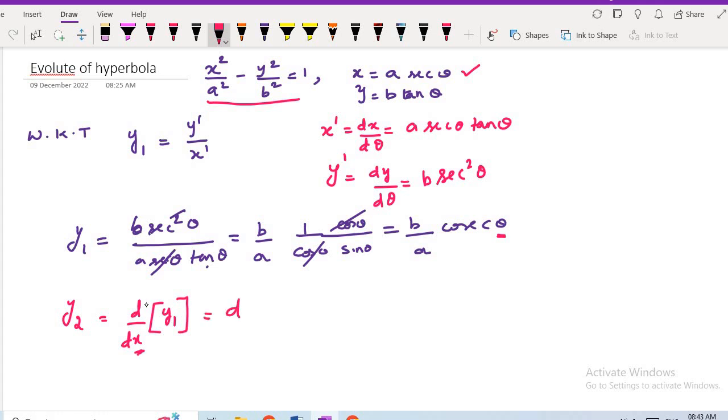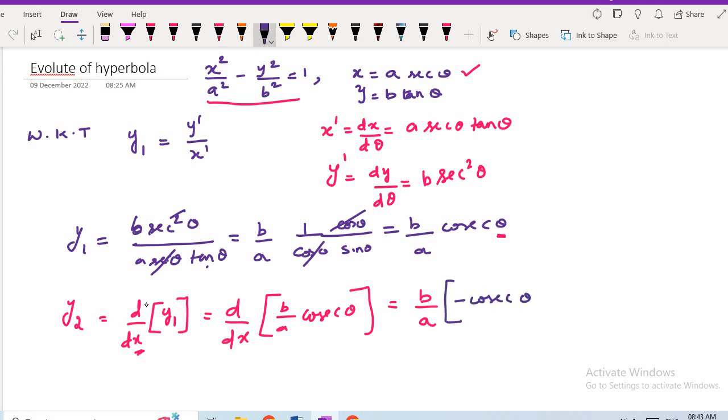So do the differentiation carefully. d by dx of b divided by a cosecant theta. b by a is a constant, and the differentiation of cosecant theta is minus cosecant theta into cot theta, but do not end here. We have to write d theta by dx, because here we are differentiating with respect to the x variable. Okay, so we are getting this one.